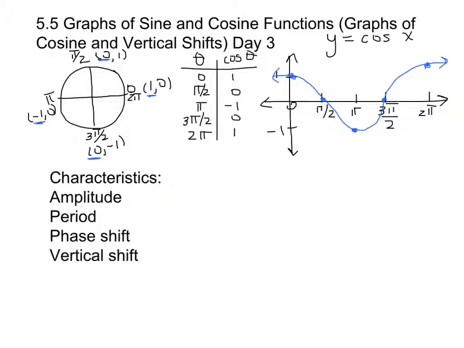So you still have to do your amplitude, which is the absolute value of A. Your period is still 2 pi over b. Your phase shift is still x equals c over b. That's still your starting point. Your vertical shift is still y equals d. And you still need 5 quarter points.